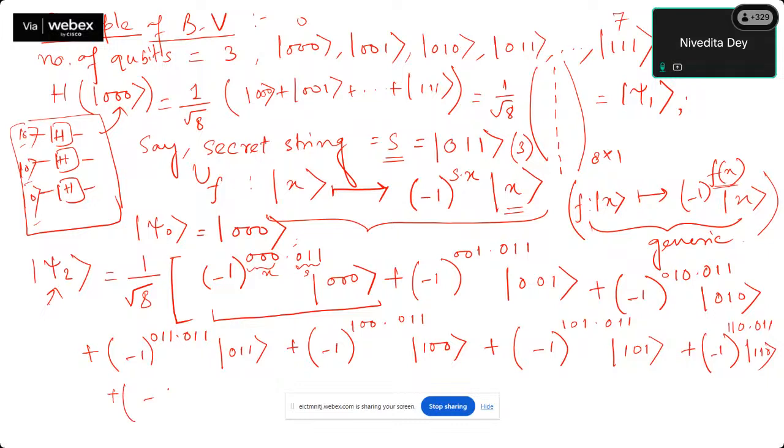And the last one is -1 to the power 111 dot 011, ket 111. So this is the entire quantum state after the application of the oracle.